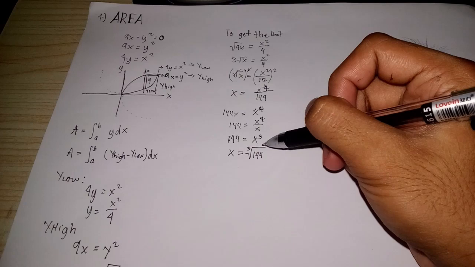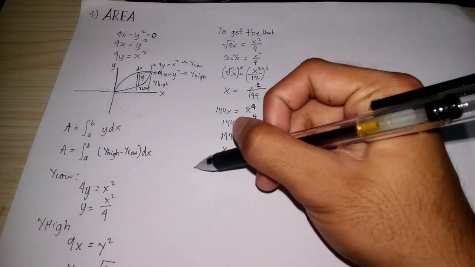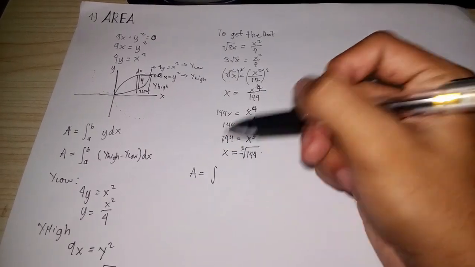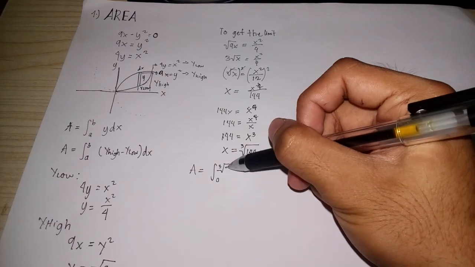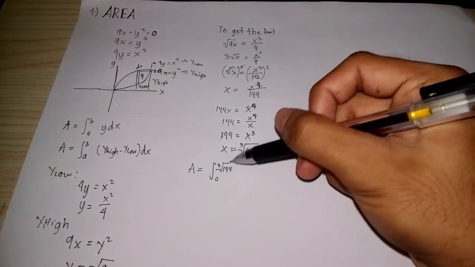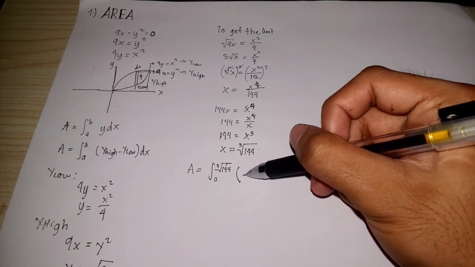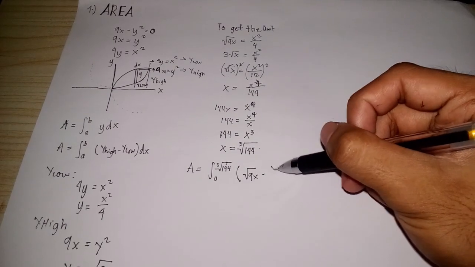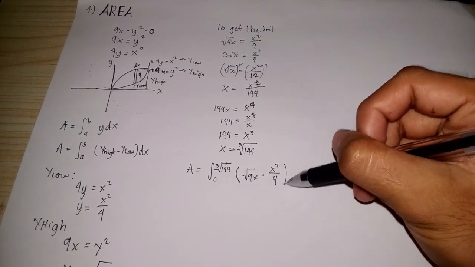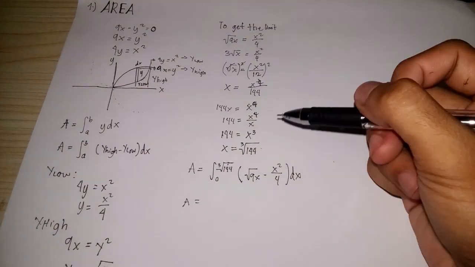So now we need to substitute this. So this is from 0, so this is our b, so our a is 0. So now get the area of 0 to cube root of 144. Then y high, what is our y high? Square root of 9x minus our y low, which is x squared over 4, then dx. So now we will get 9x.